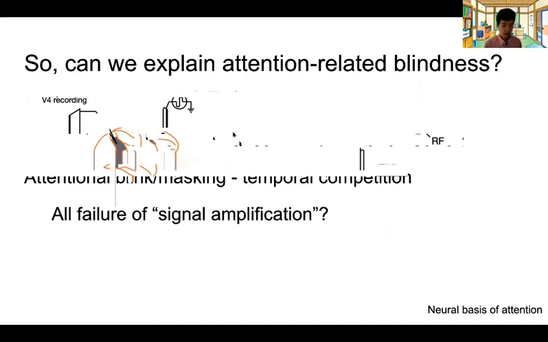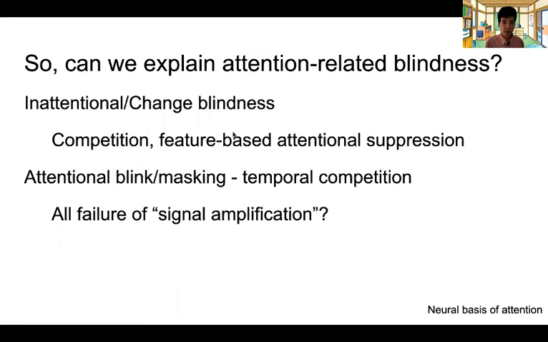So with this much of what I told you about attention, the neural basis of attention, the source of attention in the frontal parietal area, and also the competition from V1 to V4 interaction, can we actually explain attention-related blindness? To some extent, we should be able to. For example, in change blindness situations, as you remember from the demonstration, these stimuli typically contain lots of complicated content.